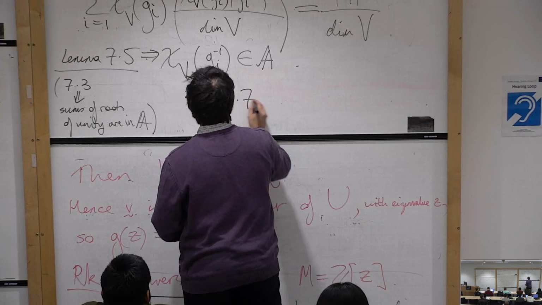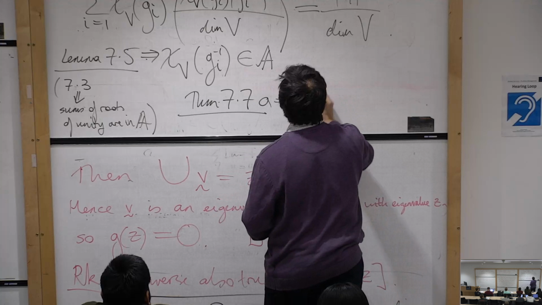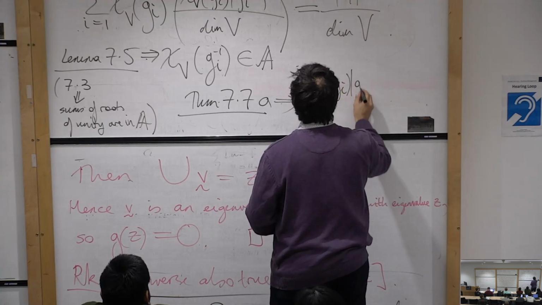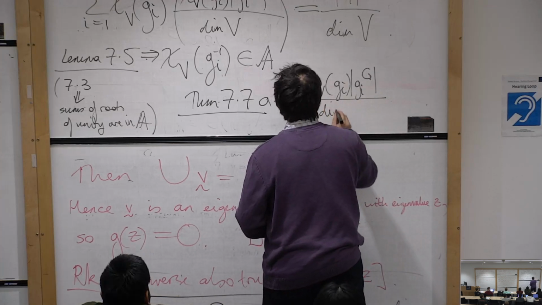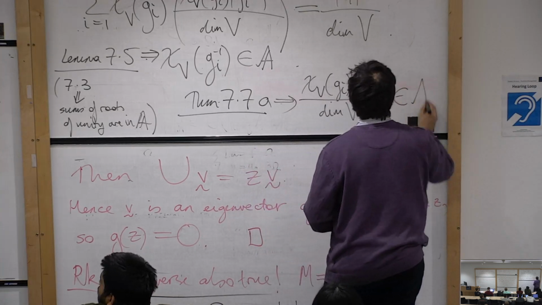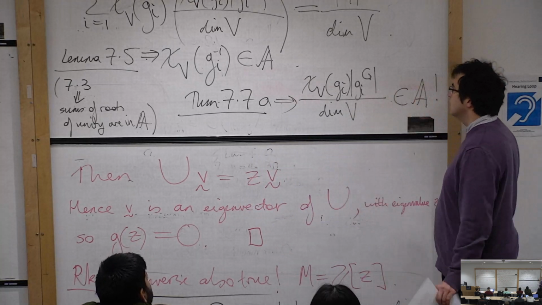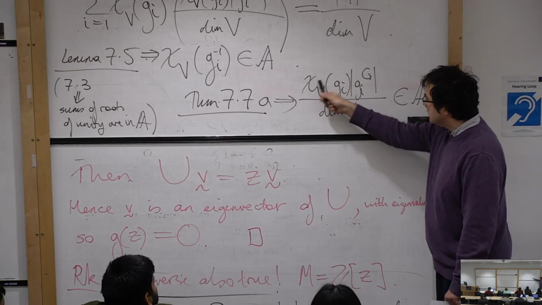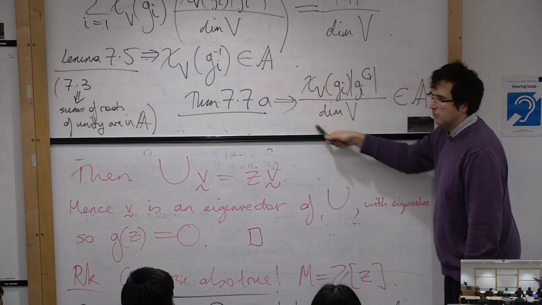So Theorem 7.7a tells me that this thing is also an algebraic integer. Okay, we're going to prove this. So what is this thing? Well, this is a sum of roots of unity, so that's an algebraic integer. That's a positive integer, that's a positive integer, so it's all right.